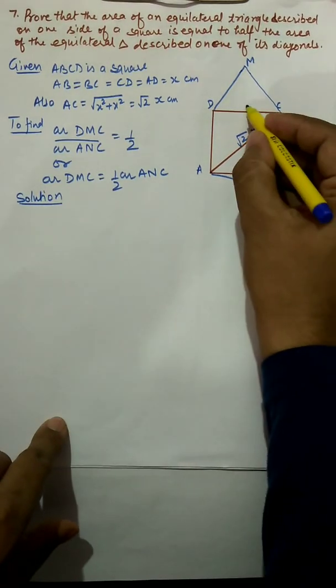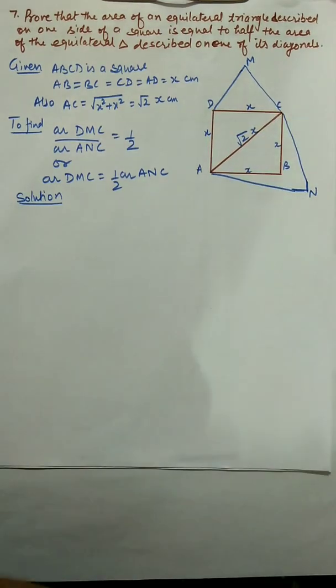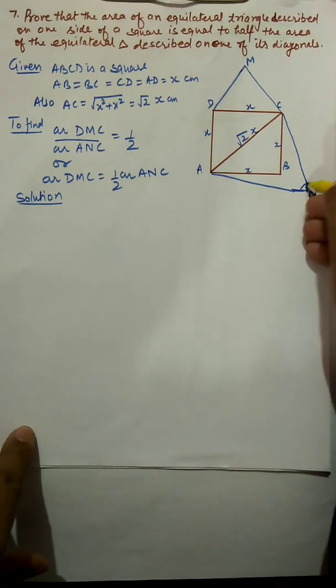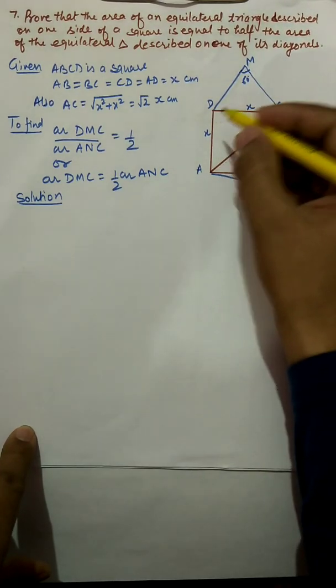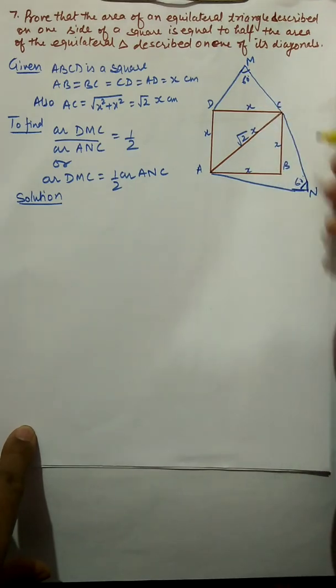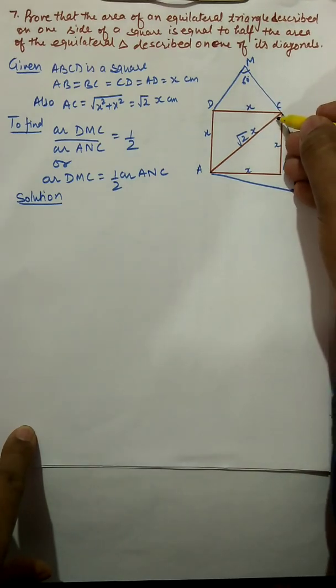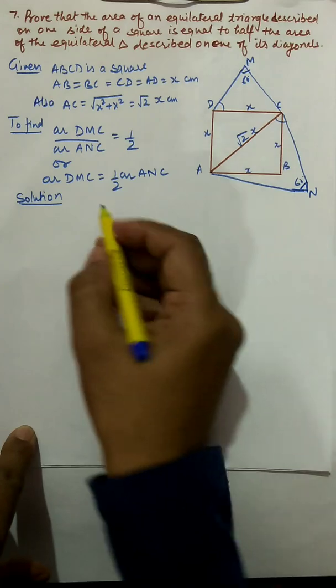See, this side is x, we have taken, this side is x, we have taken, and how we can show that these two triangles are similar, because each angle is 60 degrees. Here this angle was 60 degrees, this is also 60 degrees. This angle, if you take this as equilateral, so this is also 60, this is also 60, all angles are 60.